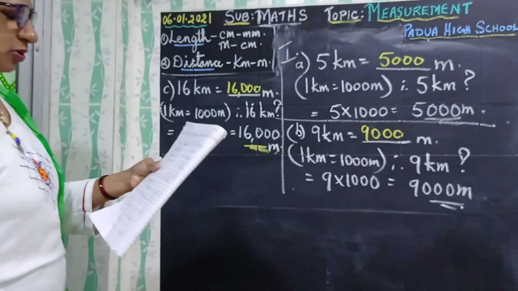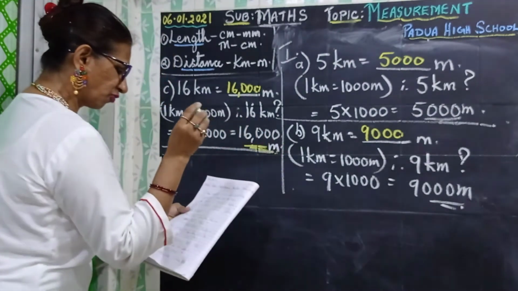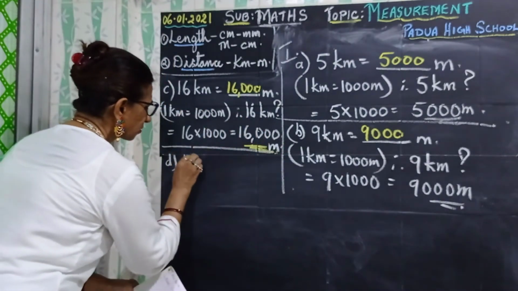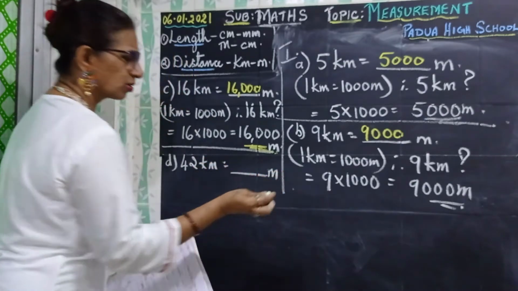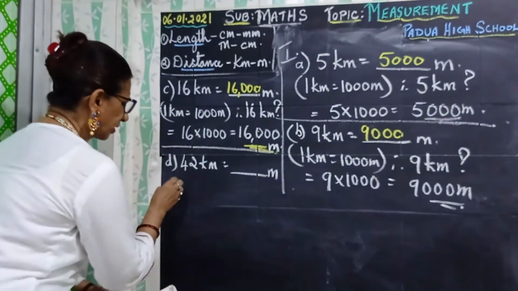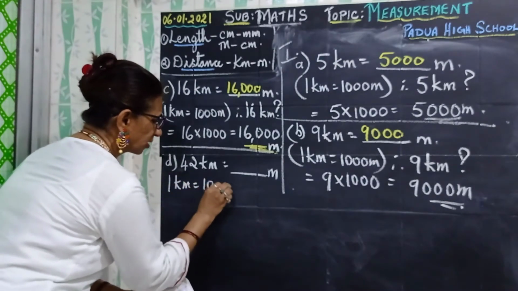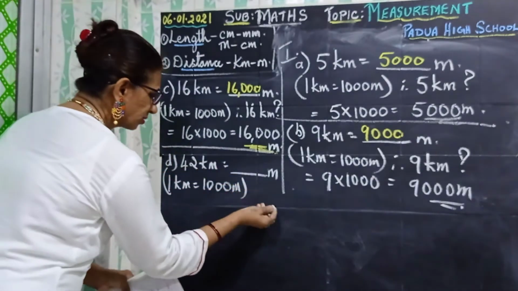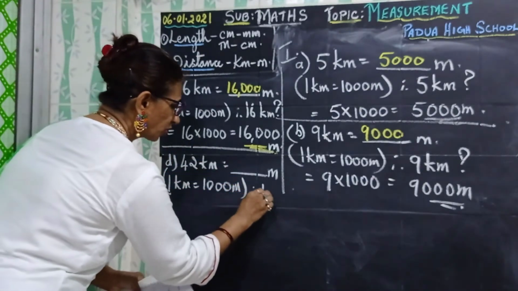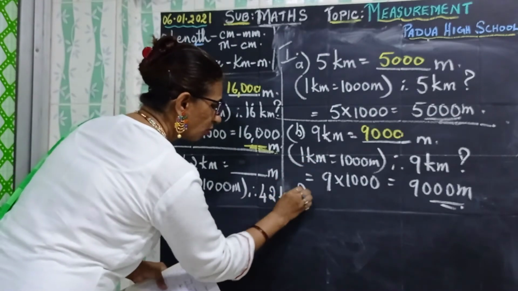Now let us take another one. Suppose I have a fourth sum, the last sum for you. If I have 42 kilometers is equal to dash meters. Not anything big. What do I have to do? Again, same thing. 1 kilometer is equal to 1000 meters. And then what will I do? Therefore, 42 kilometers is how much?